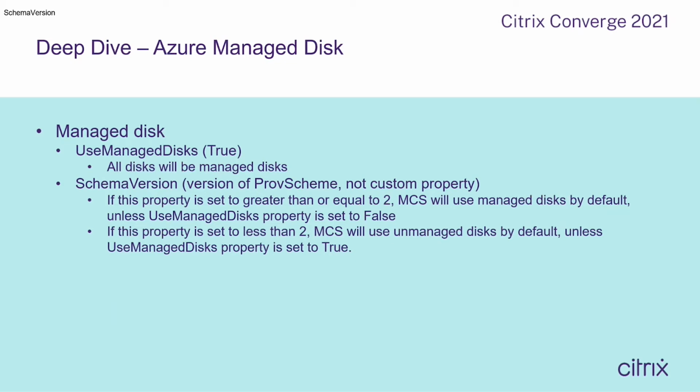So if you don't say anything, the disk will be created as a managed disk by default. If you want to create an unmanaged disk, you have to explicitly specify. And the schema version that I'm showing here just as an example is actually not a custom property. It's the version of the prop scheme.